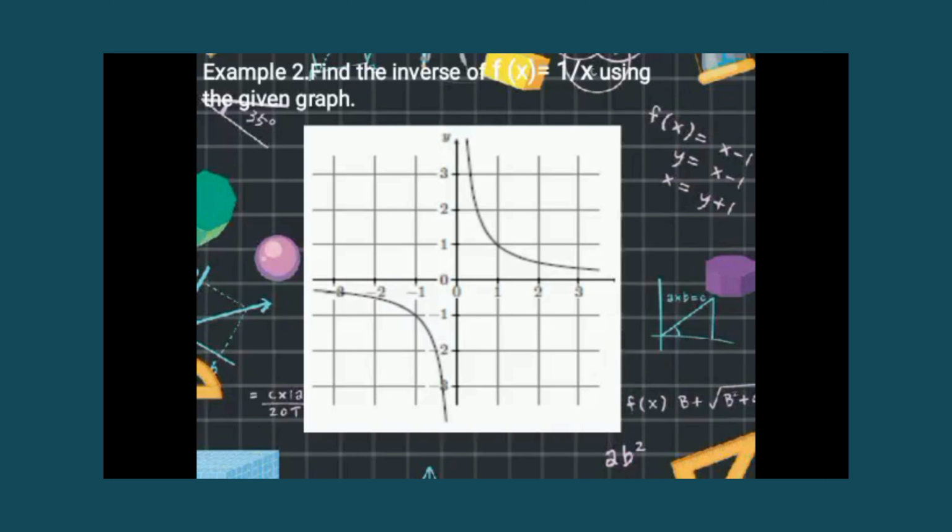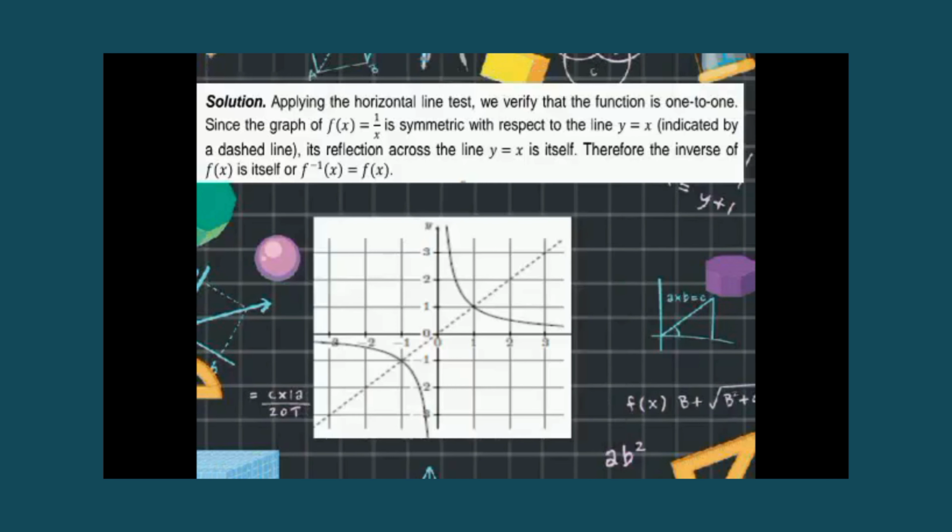Example 2. Find the inverse of f of x equals 1 over x using the given graph. Solution. Applying the horizontal line test, we verified that the function is one-to-one.